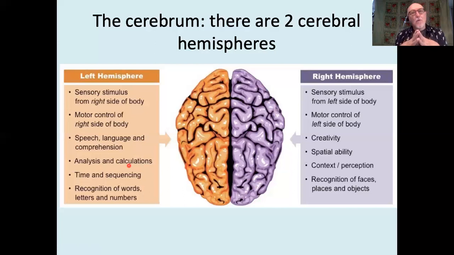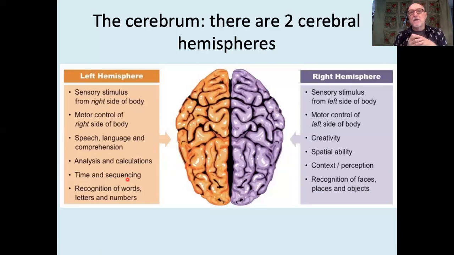It seems to be where our sense of time lies, and also it allows us to put events into correct sequence. So one of the manifestations of disturbance of the left hemisphere, for example, is that people will mix up their words. They'll be able to say words, but they can't put them into correct order.